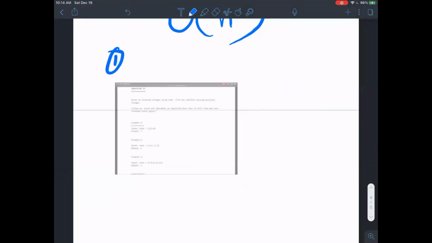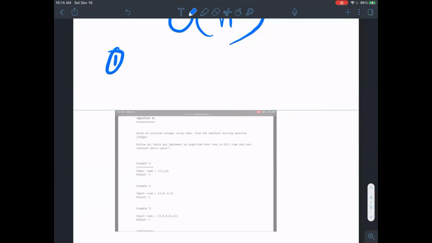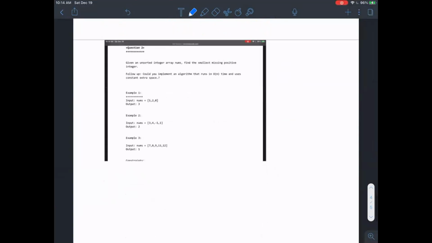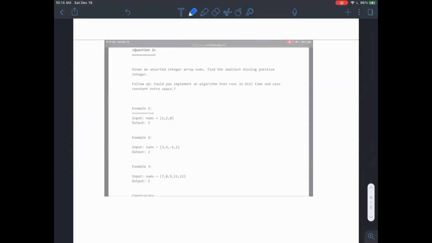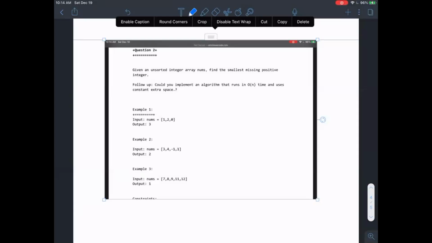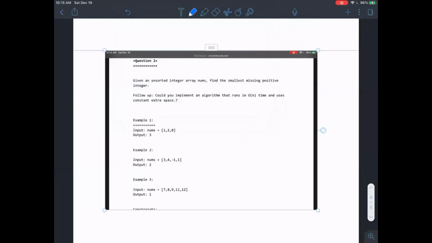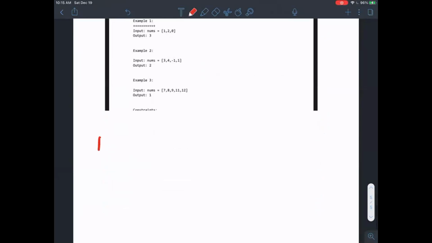So you said we can start by sorting the array. Okay. So the approach is, Approach 1, we sort the array.